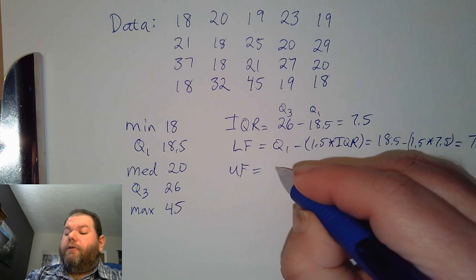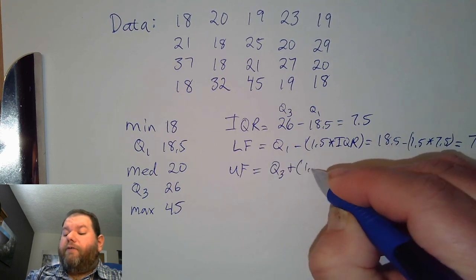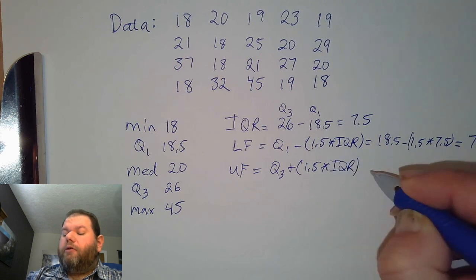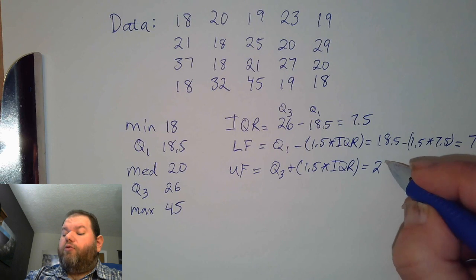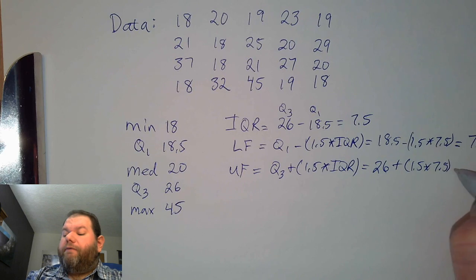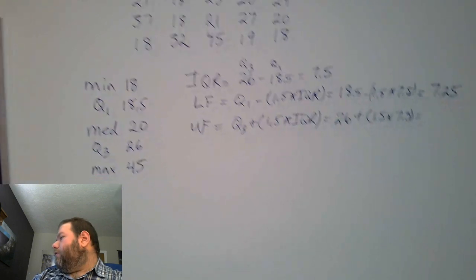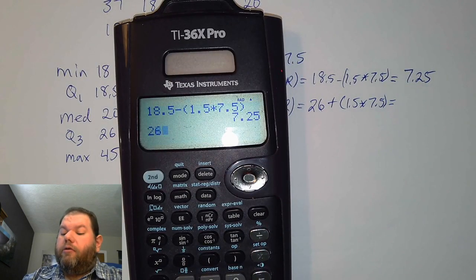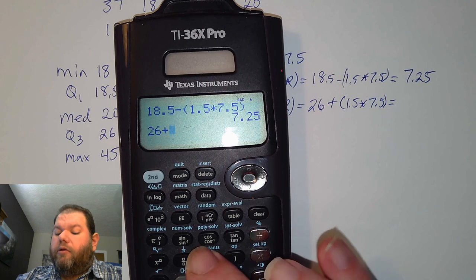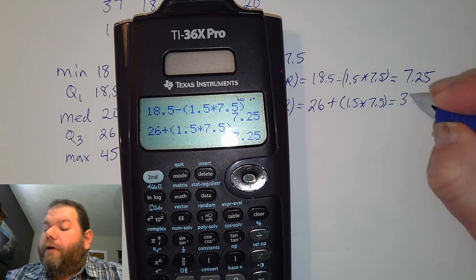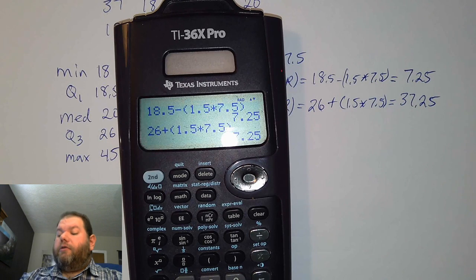Upper fence is Q3 plus 1.5 times IQR. 26 plus 1.5 times 7.5. And we get 37.25.